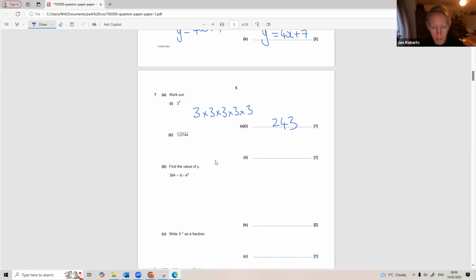So you put your 3 in there in the top left hand corner, and then you have 2,744 gives you an answer of 14. Just make sure you're cube rooting it, not square rooting it.